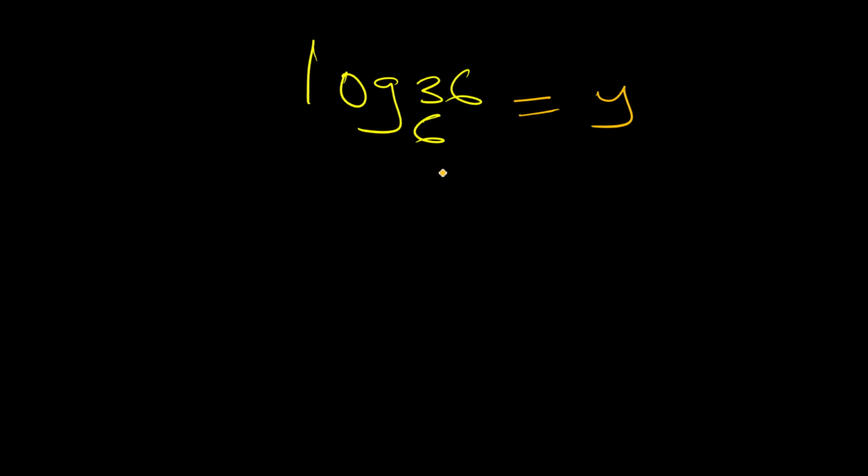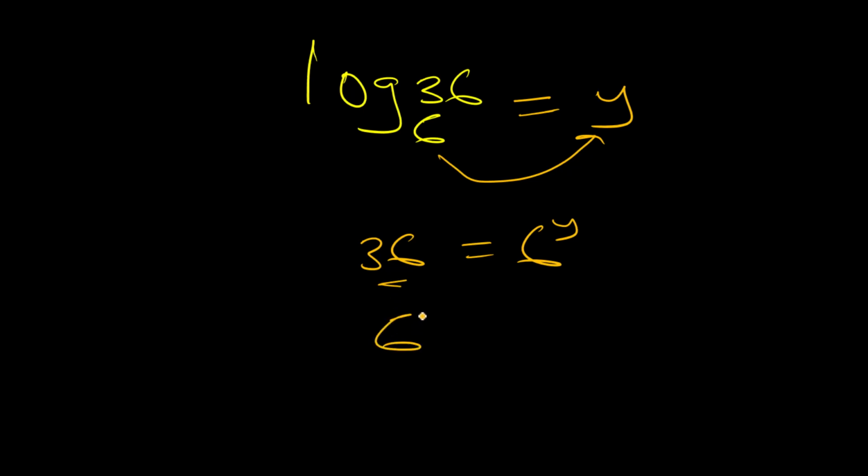The base will be raised to this, so I get 36 equals 6 exponent y. 36 is the same as 6 times 6, that is 6 squared, equals 6 raised to y. Therefore, my y is 2. Very, very simple.